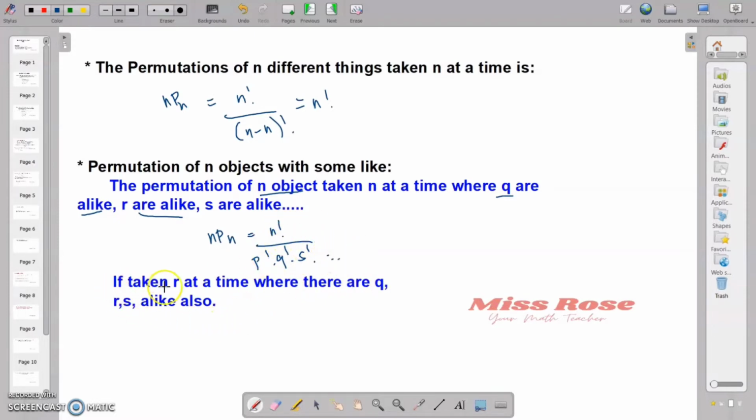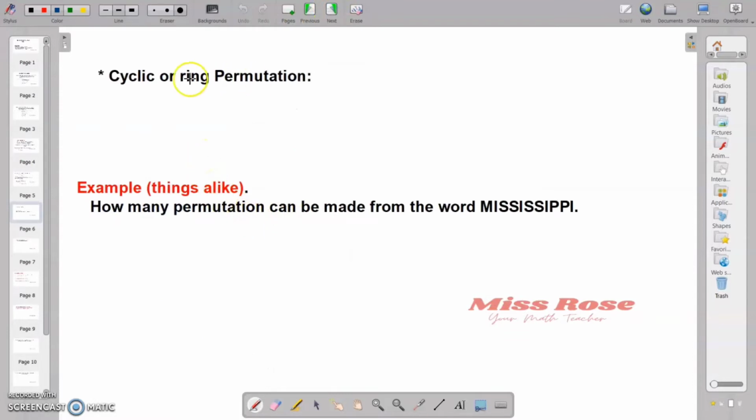Next is if taking r at the same time where there are p, q, and s alike also. So nPr equals n factorial over n minus r factorial, p factorial, q factorial, s factorial, and so on. So that is the formula. Next, for cyclic or ring permutation, the formula is nPn equals n minus 1 factorial.